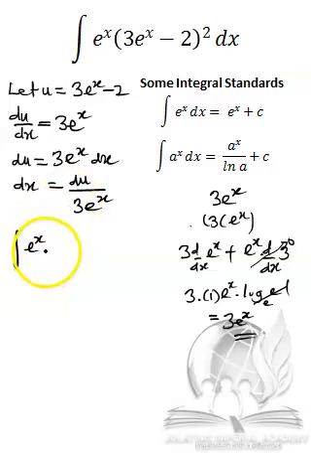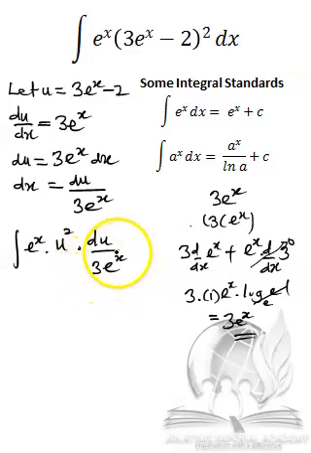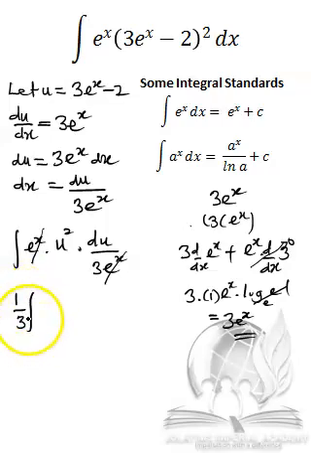Now instead of writing this, I'm going to write u squared because I've already defined it, and instead of dx, it's now going to be du all divided by 3e^x. So this is going to cancel this. We have 1 over 3 here, so let me bring the 1 over 3 out. I'm now left with u squared du.